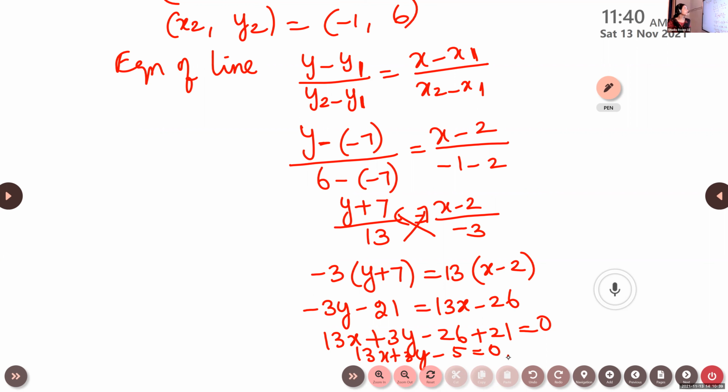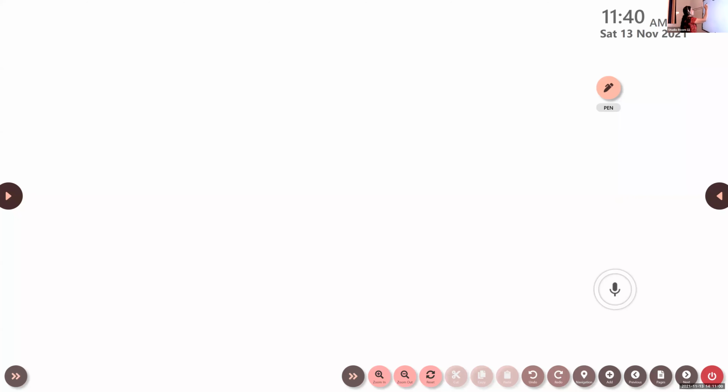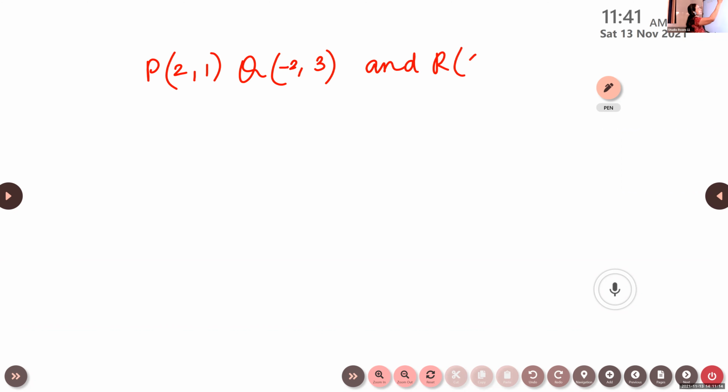Write the next question. The vertices of triangle PQR are P 2, 1, Q minus 2, 3, and R 4, 5.